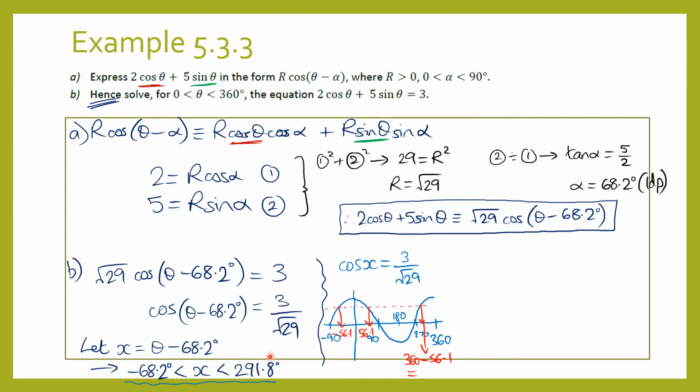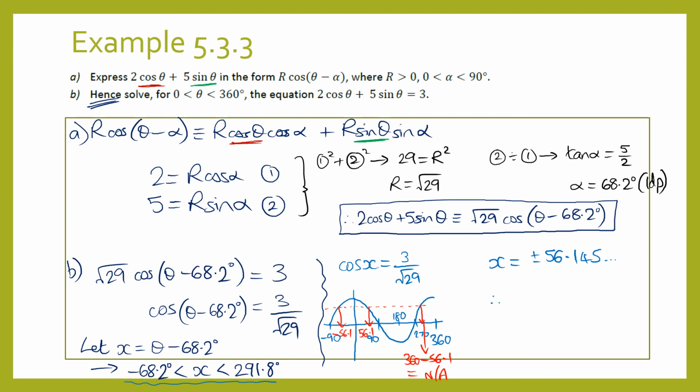It's bigger than 291, so that's not going to fall in the range theta from 0 to 360, so we don't need to include that one. It's going to be outside the range. So I've got x values of plus or minus 56.1. I'm just going to write a few more decimal places: 56.145. That's from the calculator, doing inverse cos of 3 over root 29.